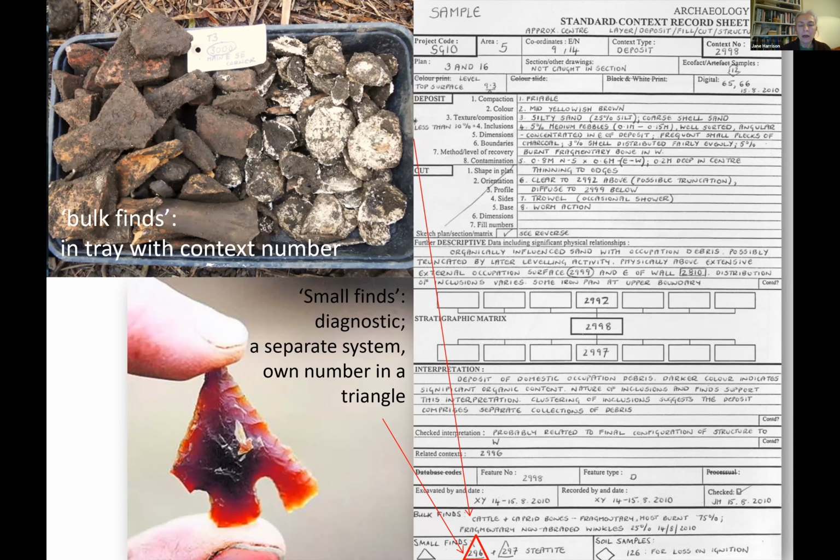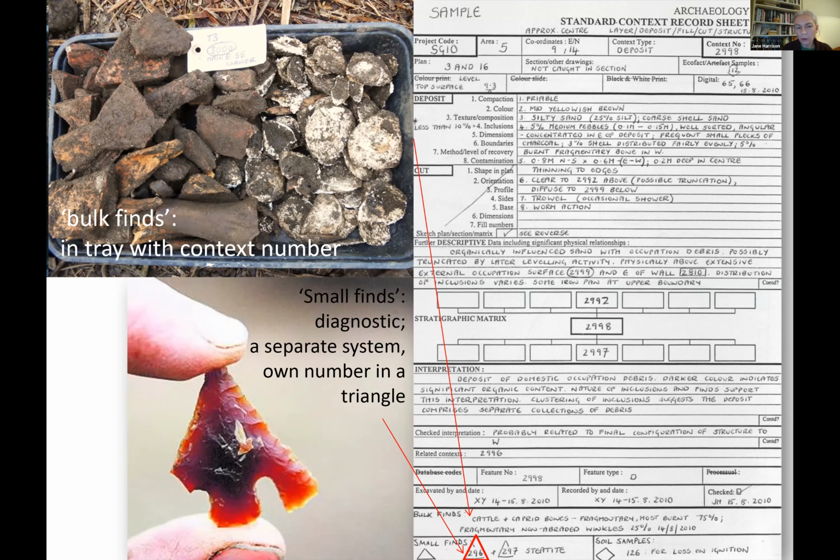And they are the things that you find within the layer, the context, the soil that you're digging, the pit, the post hole, the ditch, that are collected without any more precise spatial data. So they're not located precisely within the area that you're digging.